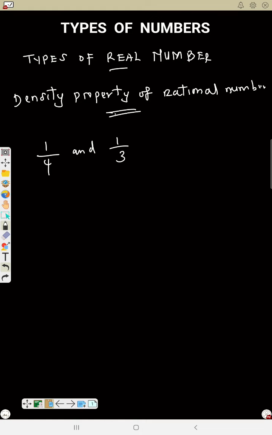For inserting n rational numbers between a and b, you have to know this.